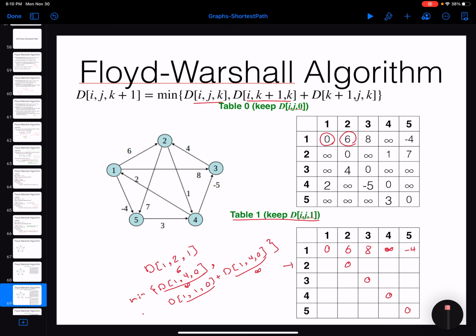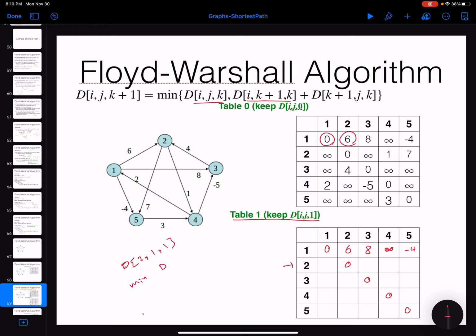For 2, okay, d of 2, 1 and 1 will be the minimum of d of 2 and 1 using no other node and the summation of 2 and 1 using no other node plus d of 1 and 1 using no other node.